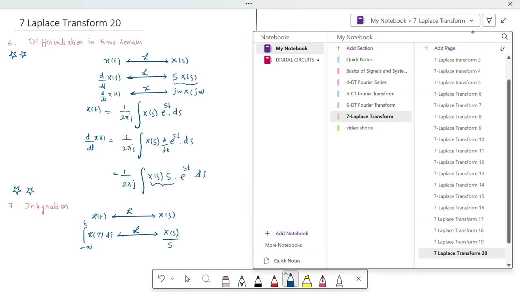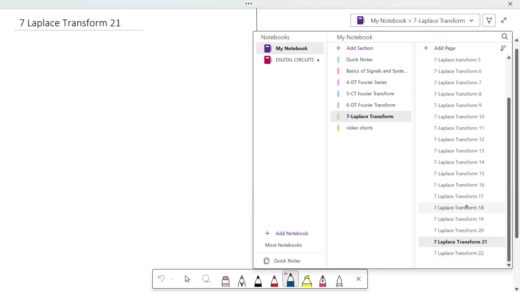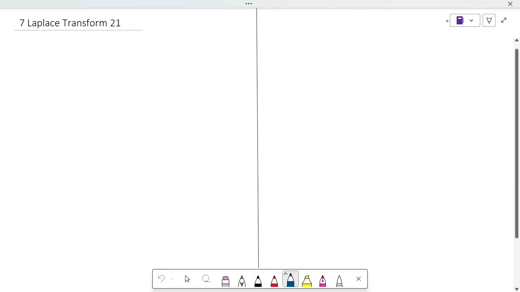The last two theorems are very important: the initial value theorem and the final value theorem. First is the initial value theorem. What is the initial value theorem?